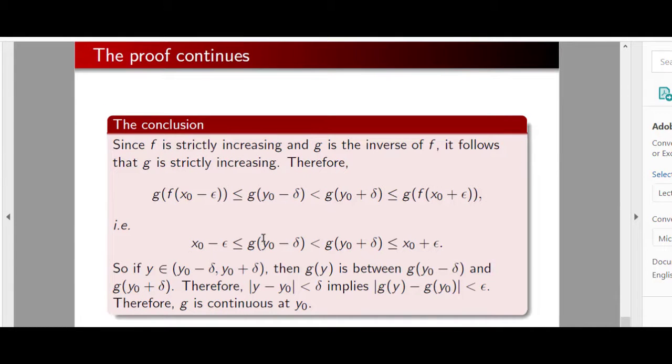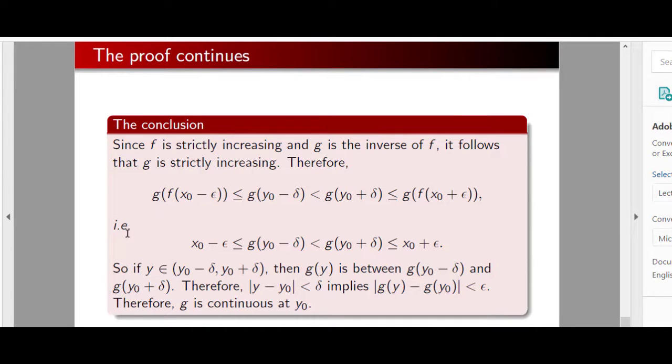All right, last slide. So since f is strictly increasing and g is the inverse of f, it follows that g is strictly increasing. And so I can apply g to this inequality, and it preserves the order.